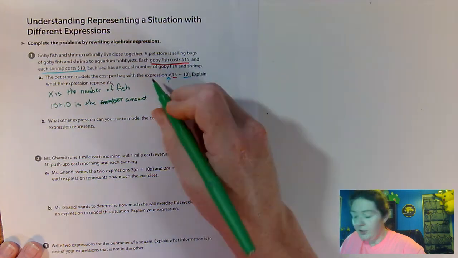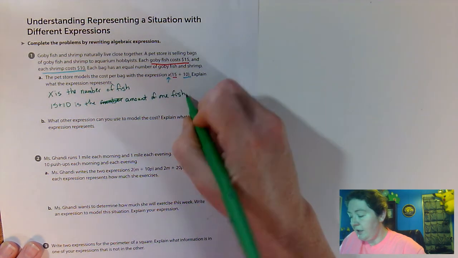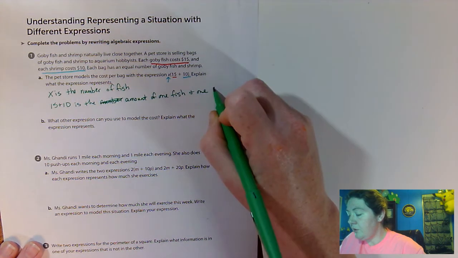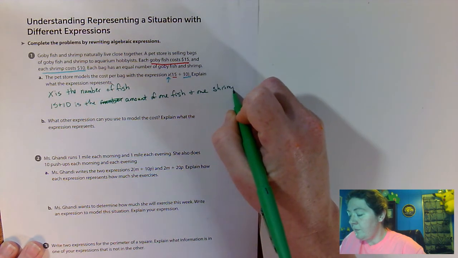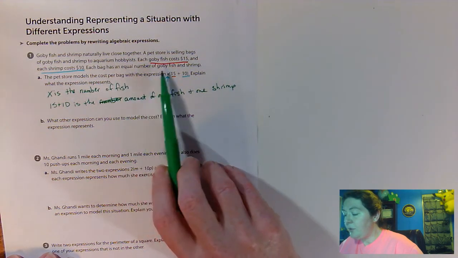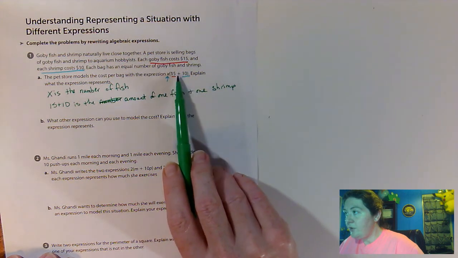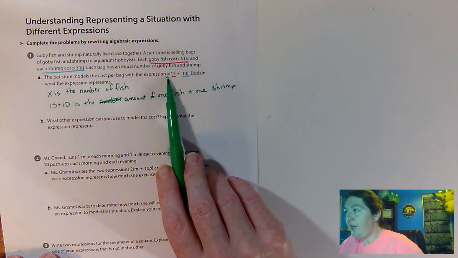Amount is more accurate, of one fish and one shrimp. The problem tells us that each bag has an equal number of fish and shrimp. So we know that we're going to add those two together and multiply by however many we choose to get.